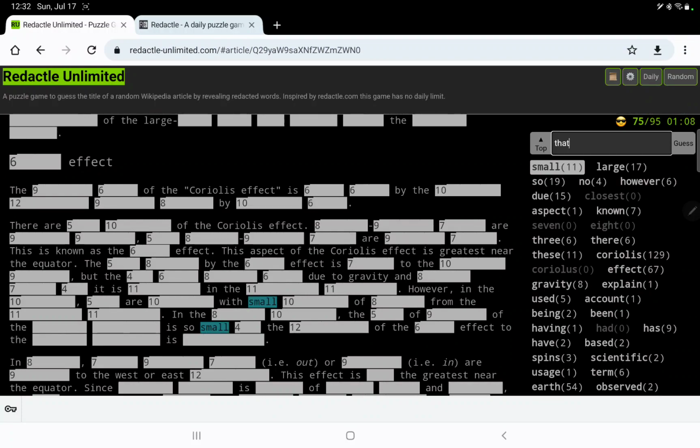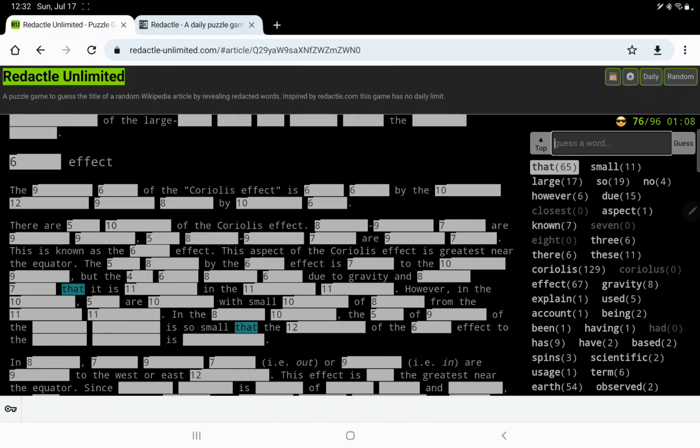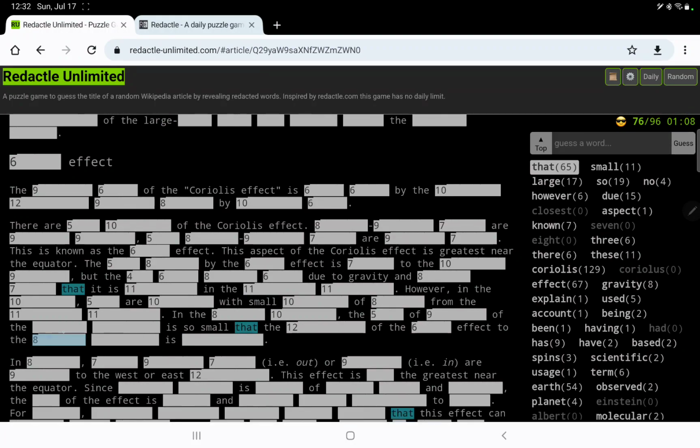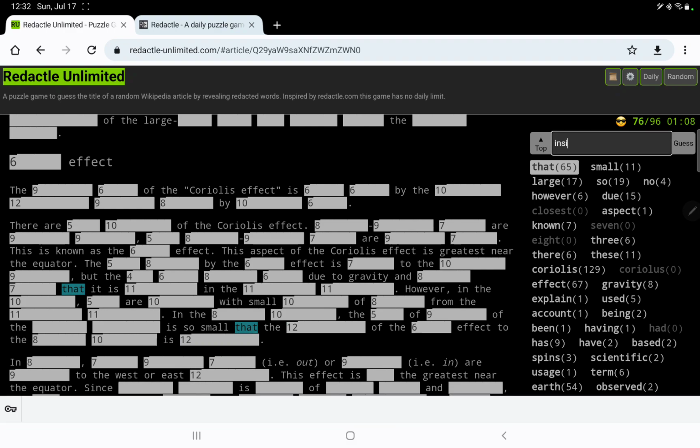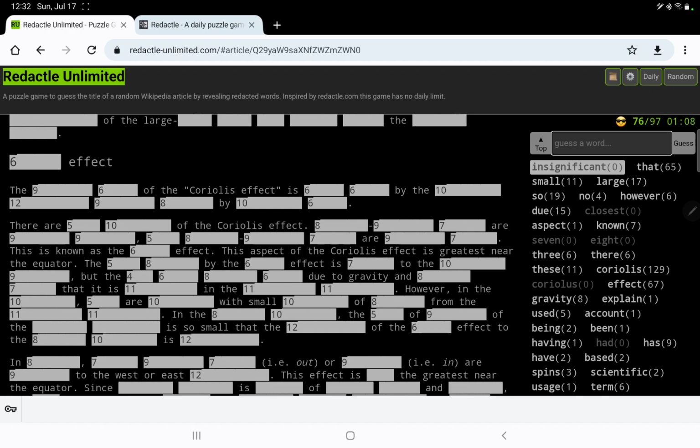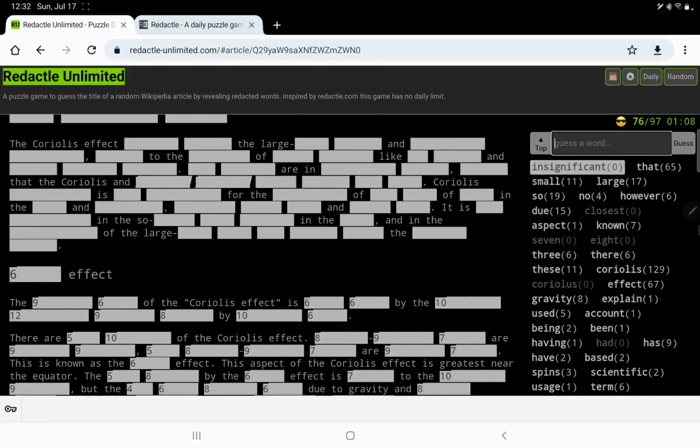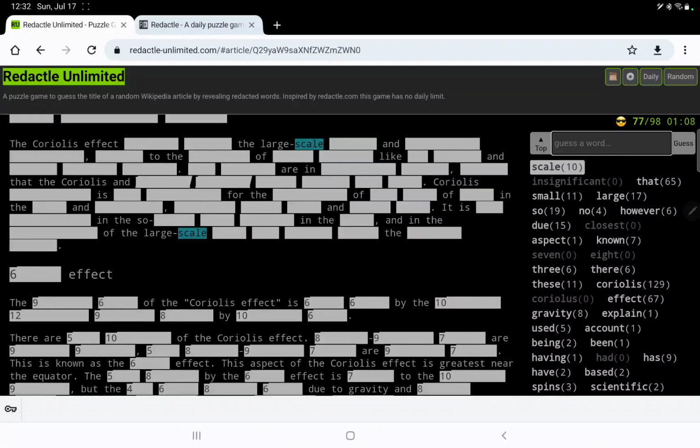Yes, is so small that the something of effect to something is insignificant. No, infinitesimal, but we did have large up here. Actually, we have quite a lot of large. Large 5 must be large scale. Yes.